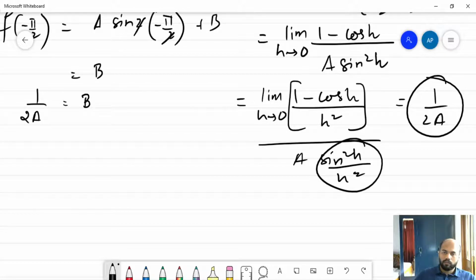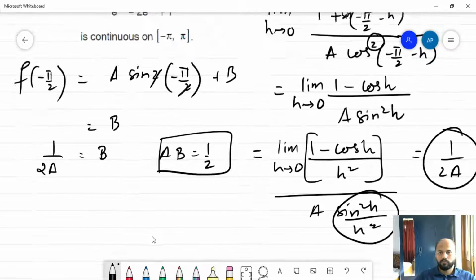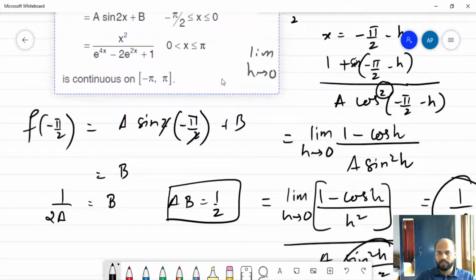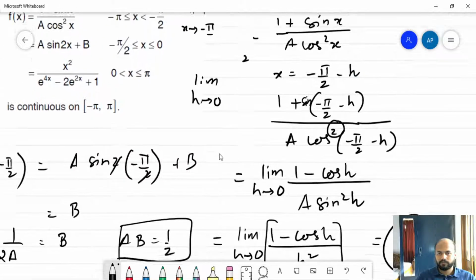So overall, the equation is like ab is equal to half. This is the first equation. The second equation would be applying the limit at x equals 0. So let's do that and see what we get.